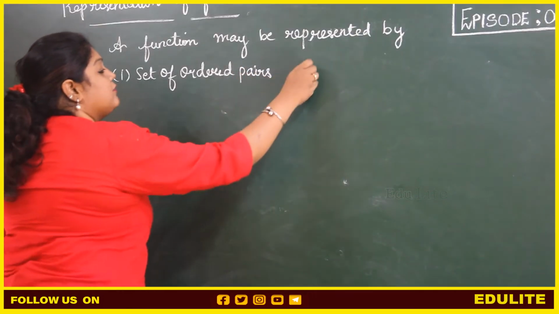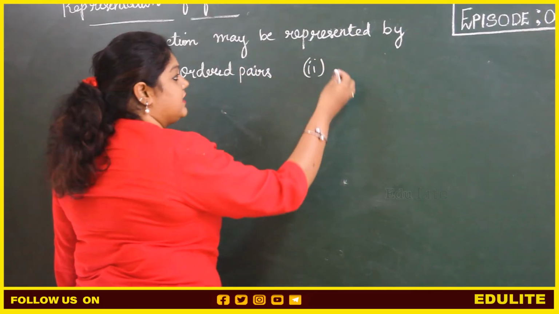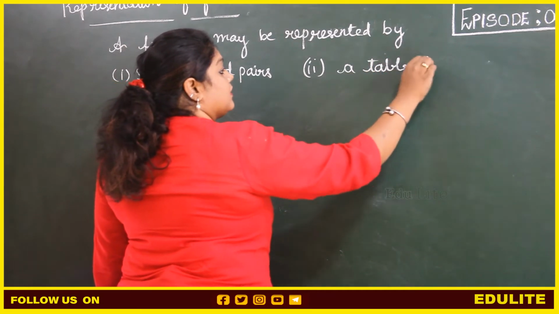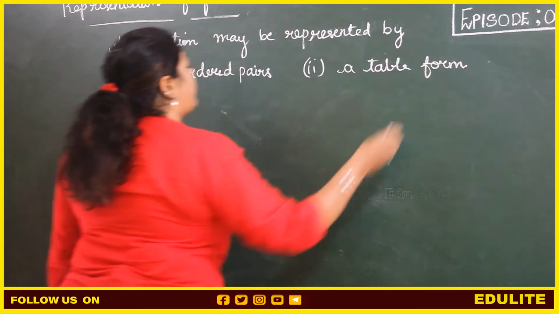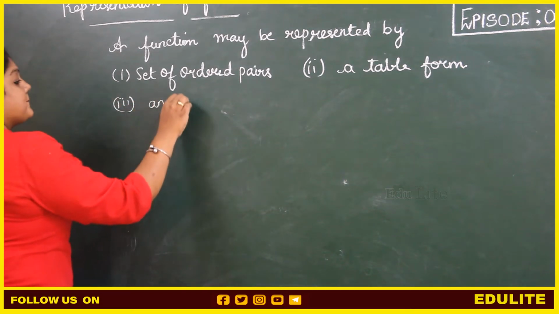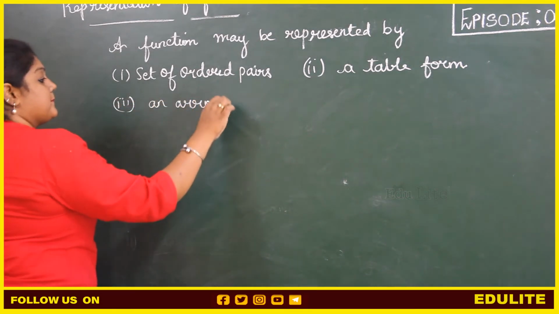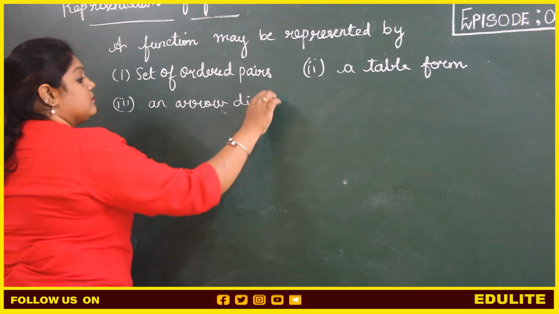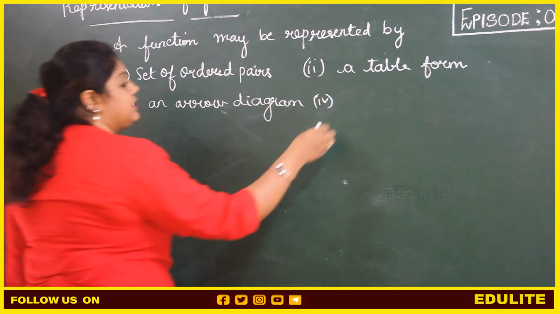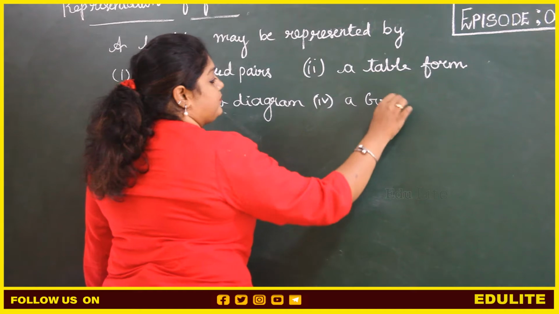The second form to represent a function is table form. The third way of representing a function is in an arrow diagram. And the fourth way to represent a function is in graphical form.